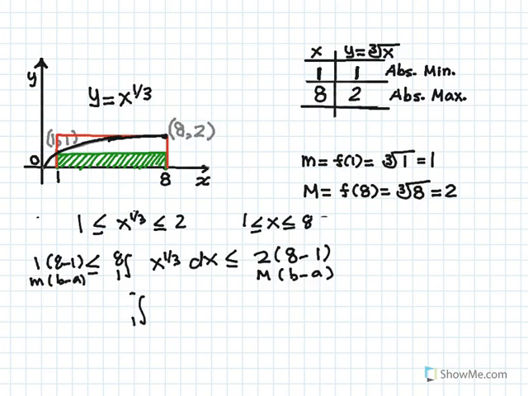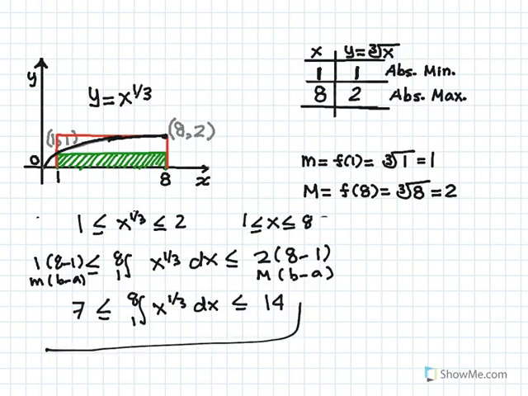So the integral can be estimated to be less than or equal to 2 times 7, that's 14, and larger or equal to 1 times 7, that's 7. So this is the estimation for this definite integral: it's between 7 and 14.